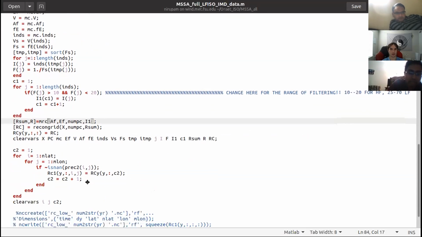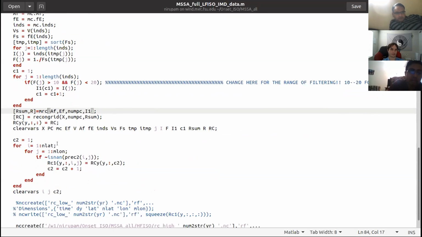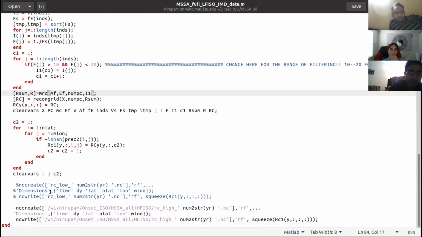And then just to put that into the same grid as in the lat-lon, you're putting it in the lat-lon grids again in just a for loop, the reconstruction, and then just write the data.